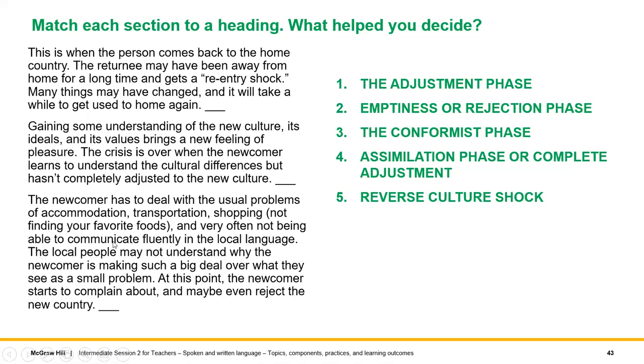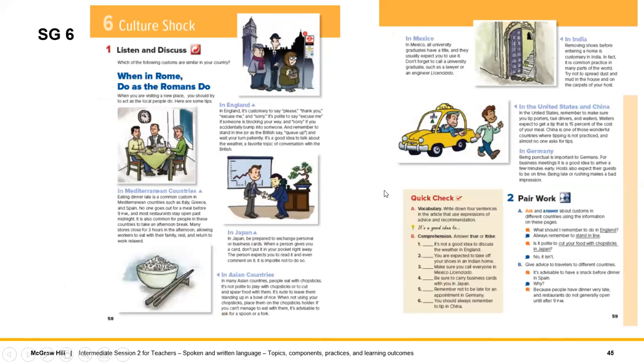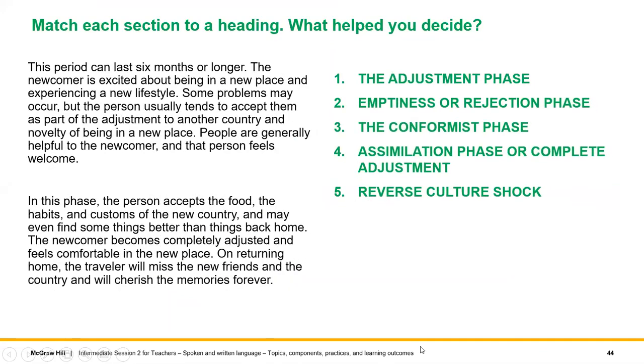What about this one? The newcomer has to deal with the usual problems of accommodation, transportation, and so on. You think it's 3, the conformist stage? 3, 2. Okay. All right. This is the next one. This period can last 6 months or longer. Which period is that? You think 3, 4.